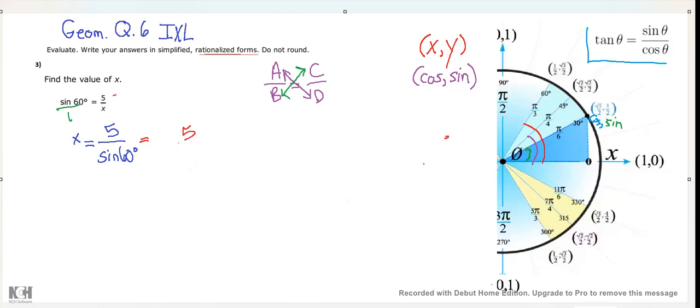We have 5. The sine of a 60-degree angle will pop over here to our triangle. Sine is the square root of 3 over 2. So that's the square root of 3 over 2.